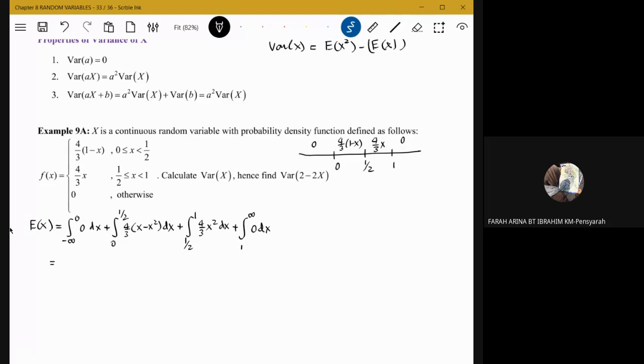Okay, so we just have to integrate the middle part. So substitute the value half and 0.